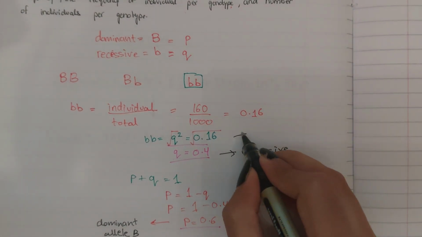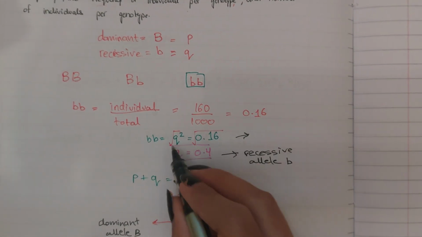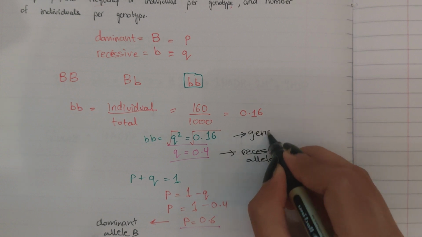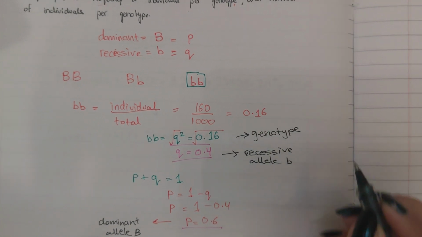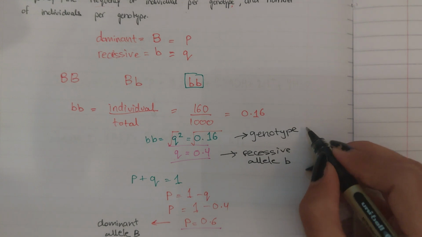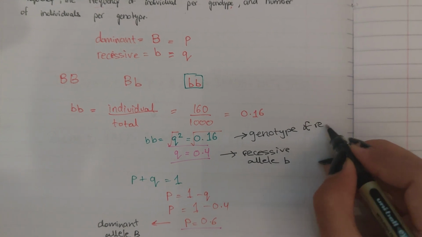And q square is the genotype frequency of recessive individuals.